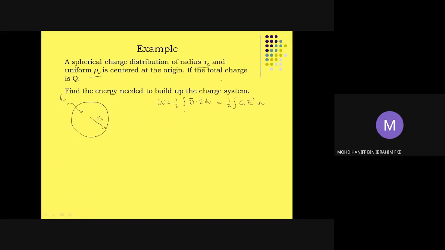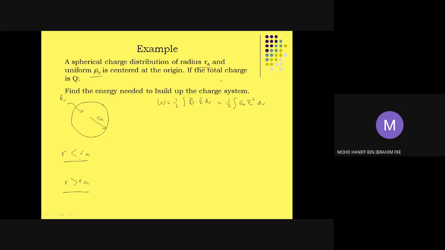From what we have learned previously, given a spherical charge distribution, you can have two different regions for the electric field. The first region is R less than RA, which is inside the sphere, and the second region is R bigger than RA, which is outside the sphere. So you have two regions with different electric field intensity. We are going to calculate this electric field intensity because it will be used in calculating the energy.